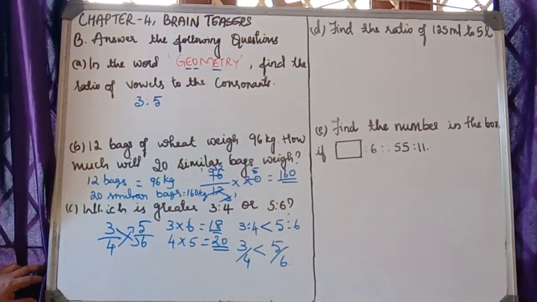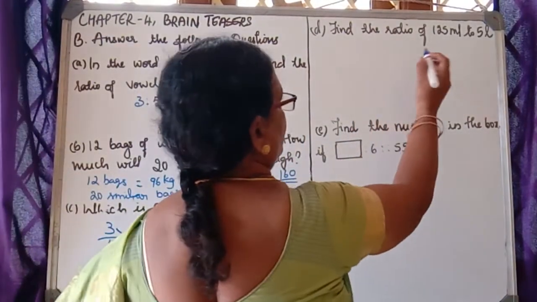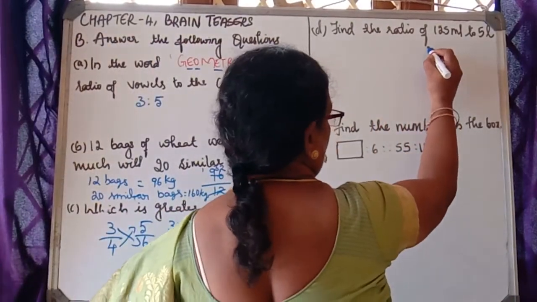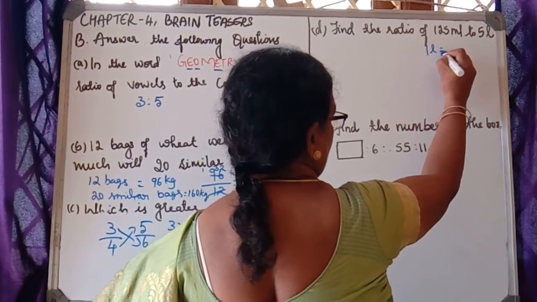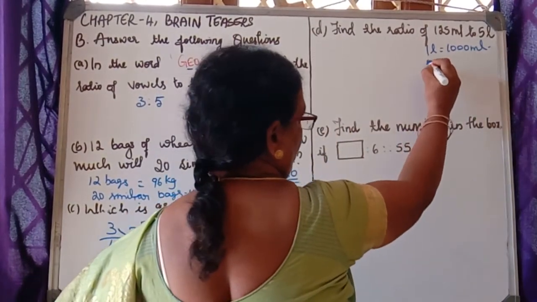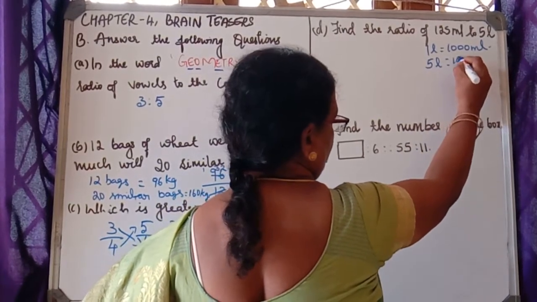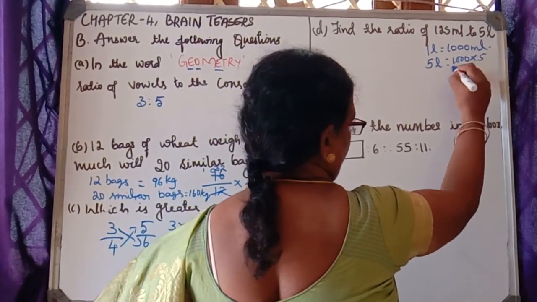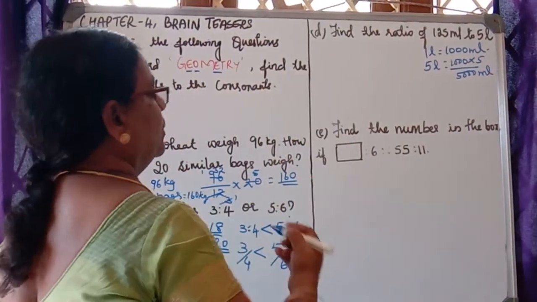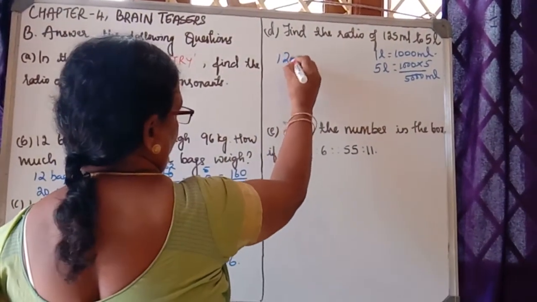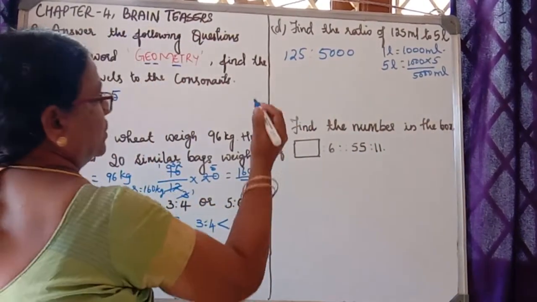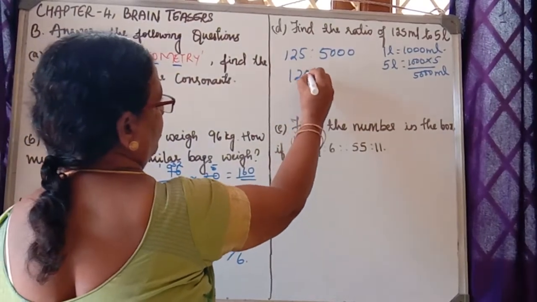Is it clear, children? Now, find the ratio of 125 ml to 5 liters. So, 1 liter is equal to 1000 milliliters. So, 5 liters is equal to 1000 into 5, 5000 milliliters. Now, we are going to compare it. 125 is to 5000. Now, shall we reduce it to the simplest form?